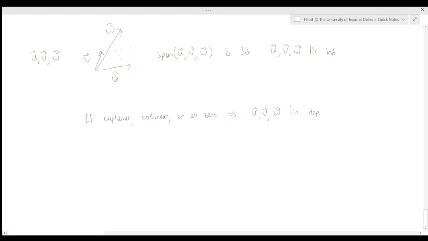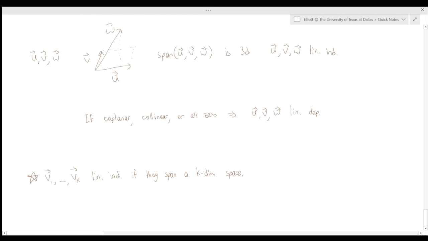So what it means for a set of vectors to be linearly independent, it means that they're spanning the maximum possible dimensions. So more precisely, let's say if you have k vectors, v1 through vk, we can say they are linearly independent if they span a k-dimensional space.